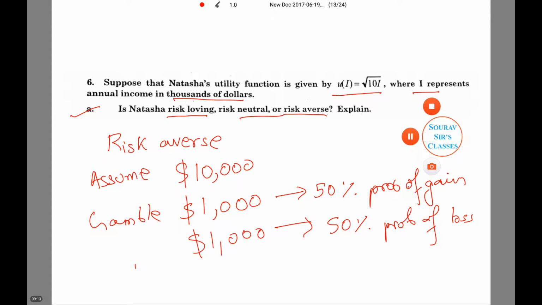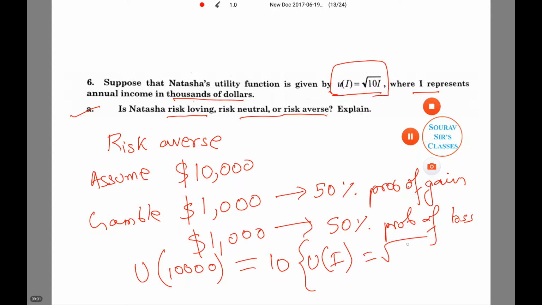Her utility from $10,000 is, putting 10 in this formula, U(I) equals root 10I, which is 10.